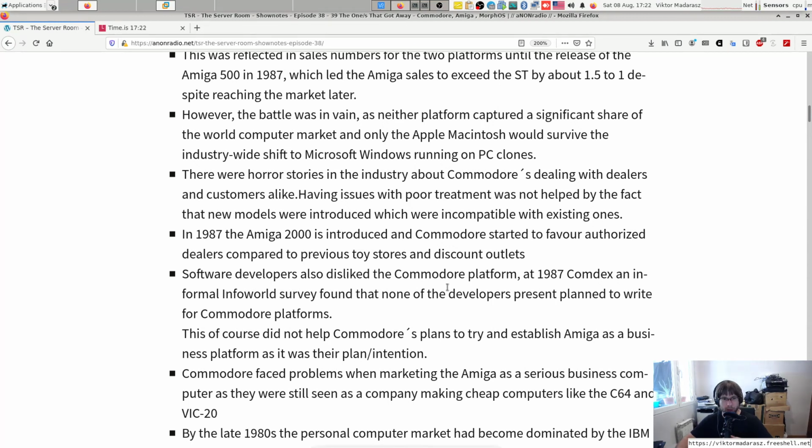Software developers also disliked the Commodore platform. You remember I said previously that it's very important, and it can be a real deal breaker, to have developers and to have those key and important software available on your platform.